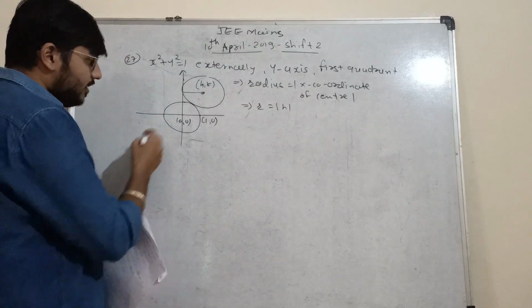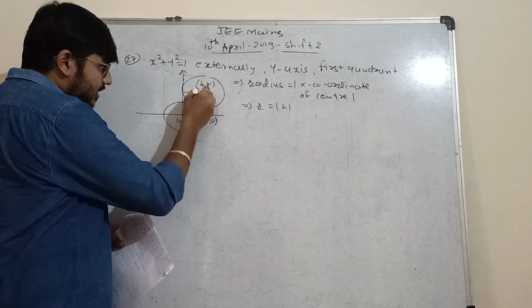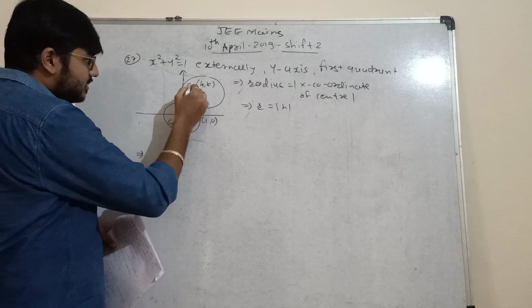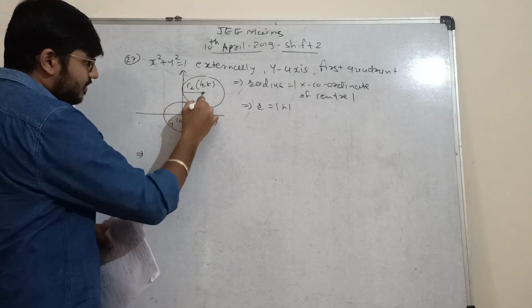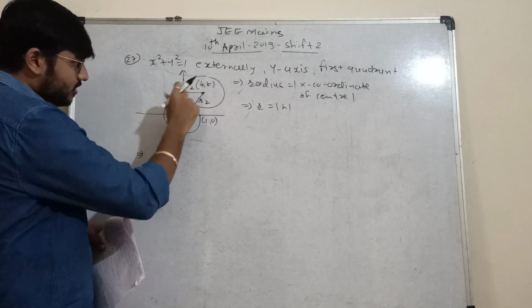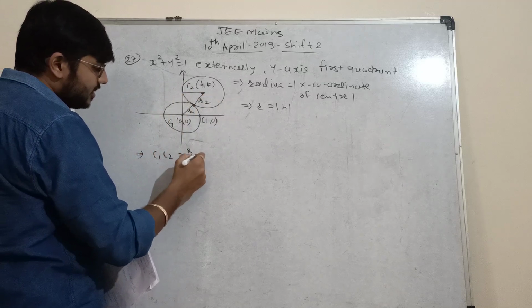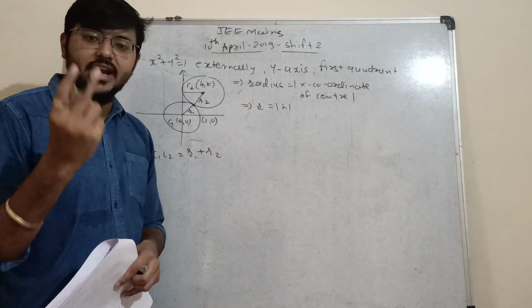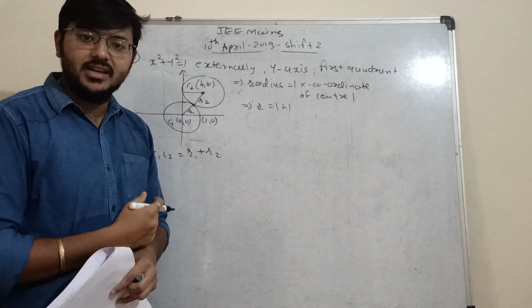Also, if two circles touch externally, say this is center 1 with radius r1 and this is center 2 with radius r2, then the condition is c1c2 equals r1 plus r2, that is, the distance between the centers of the two circles equals the sum of their radii.